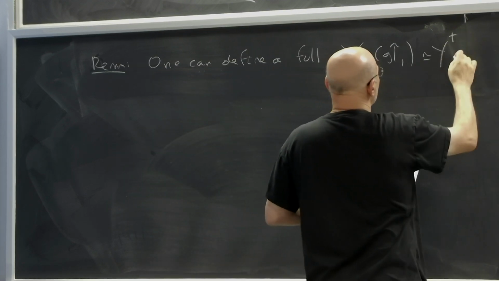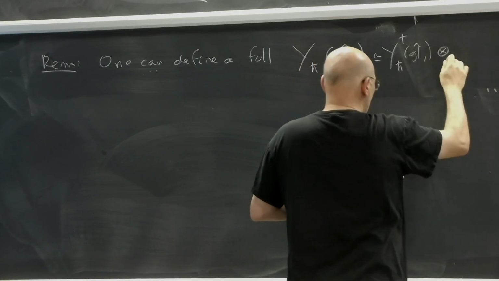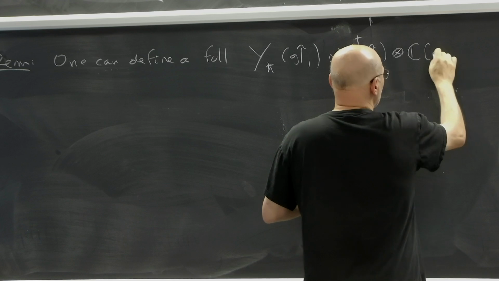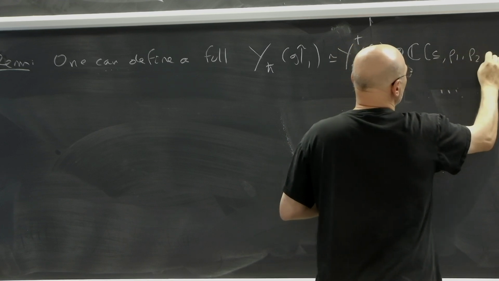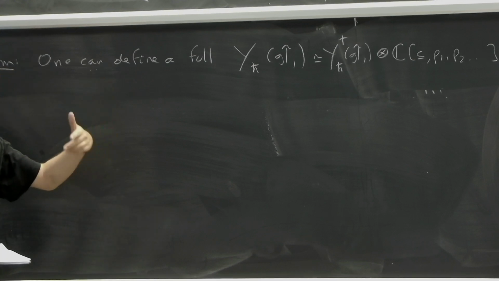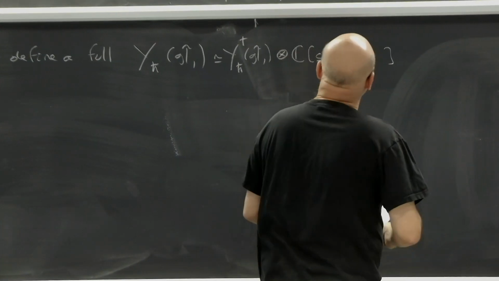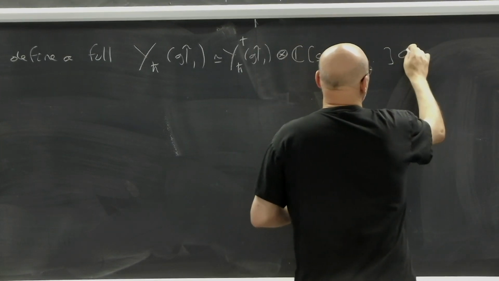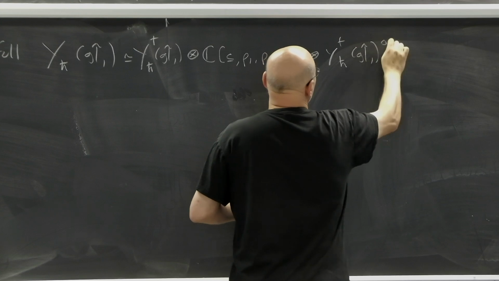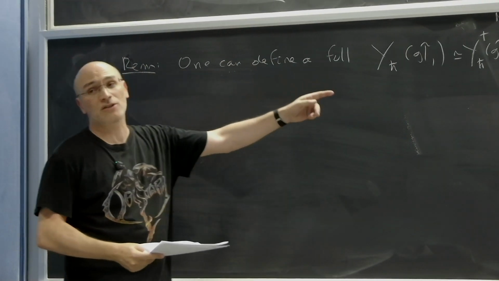Well, we have the positive half. Then we have an algebra, which we could think of as the Cartan part, which is generated by a bunch of generators, one in every positive degree, and another collection of generators, to be precise, which are the central charges. And then we have the negative part, which is just the opposite algebra of the positive part. So there's an algebra structure on this whole thing.